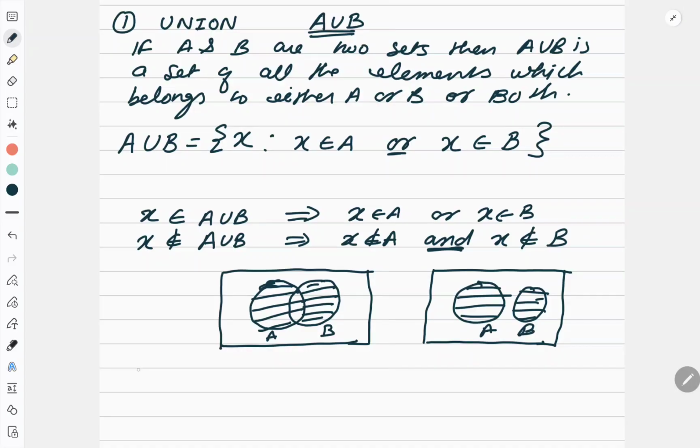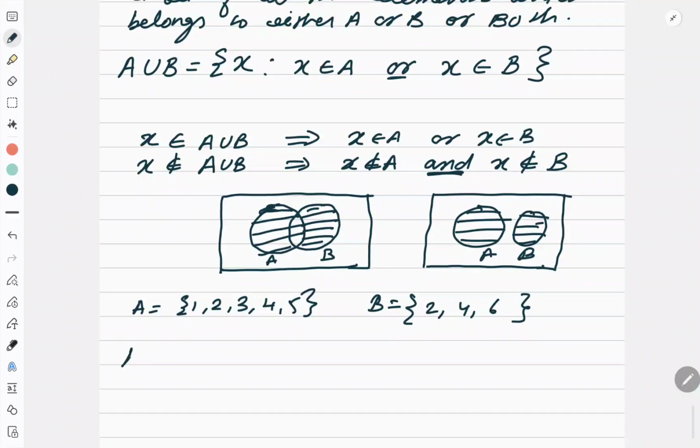Now, let us see one example. Suppose you have A is equal to 1, 2, 3, 4, 5 and B is equal to 2, 4, 6. Now, when I write A union B, start with any one set. I wrote 1, 2, 3, 4, 5.